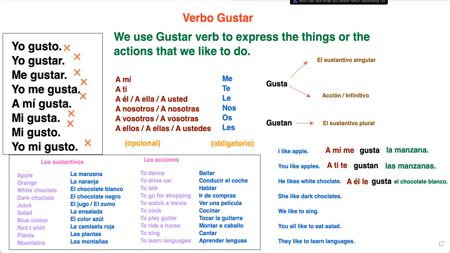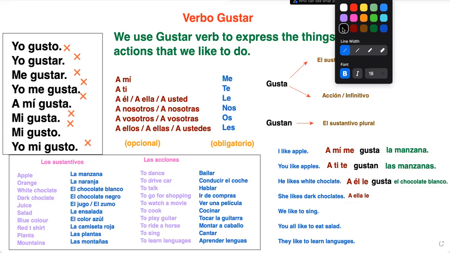Now she likes. She, how do we say? Ella. Don't say ella, we have to use always a ella le. And now, again, two possibilities, gusta or gustan. I'll go and check the object. It's dark chocolates, many chocolates.